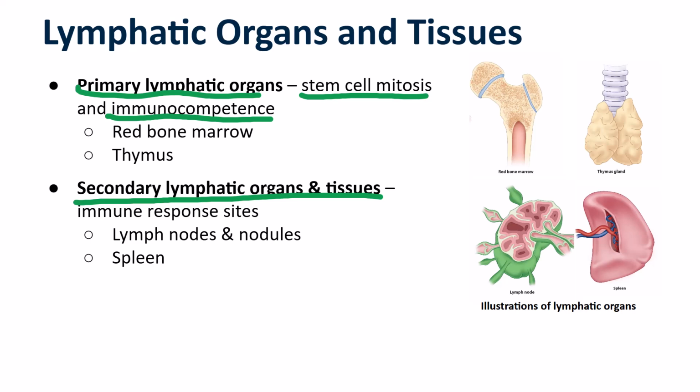What that means is that the stem cells are capable of division, and the subsequent cells that are derived from those stem cells are capable of recognizing an antigen. The two types of primary lymphatic organs are red bone marrow.